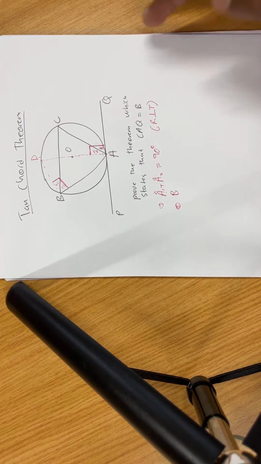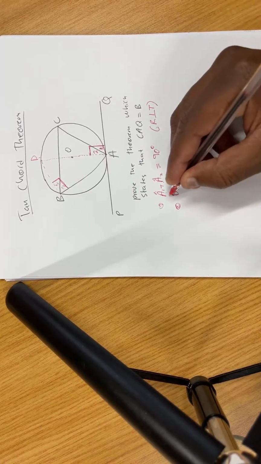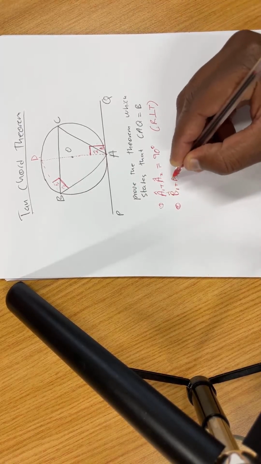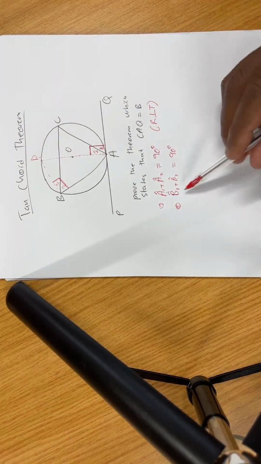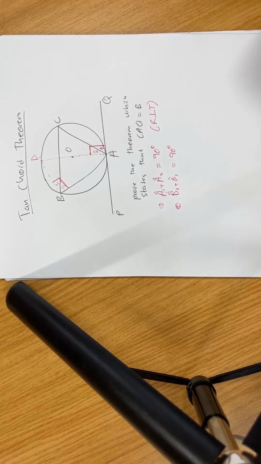So now, angle B1 plus angle B2 is equal to 90 degrees. Why is angle B1 plus angle B2 90 degrees?